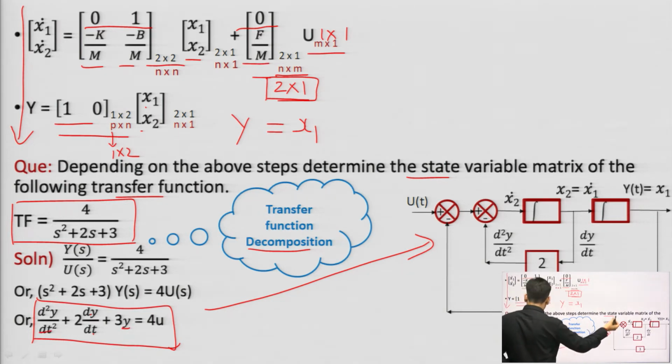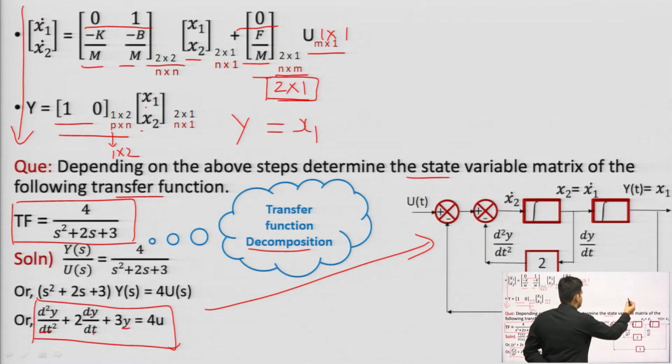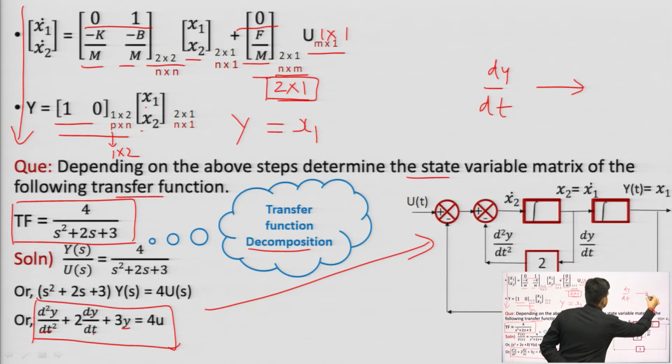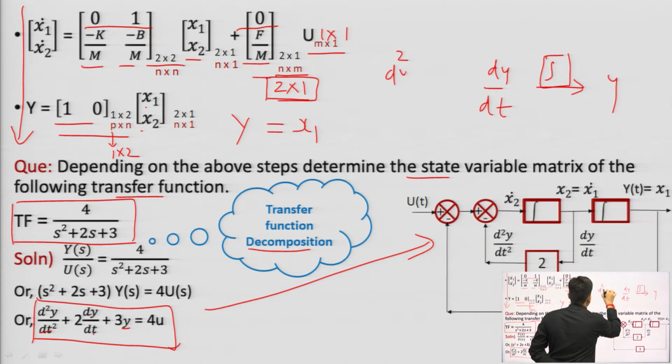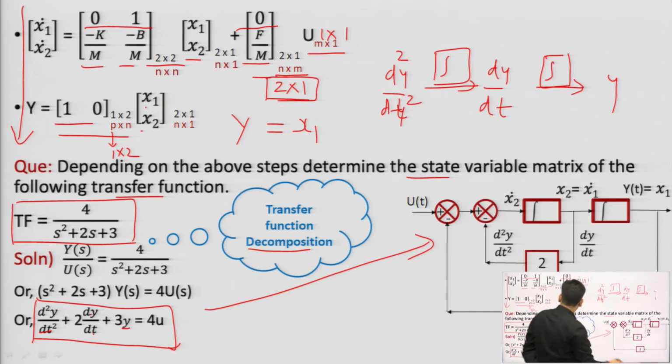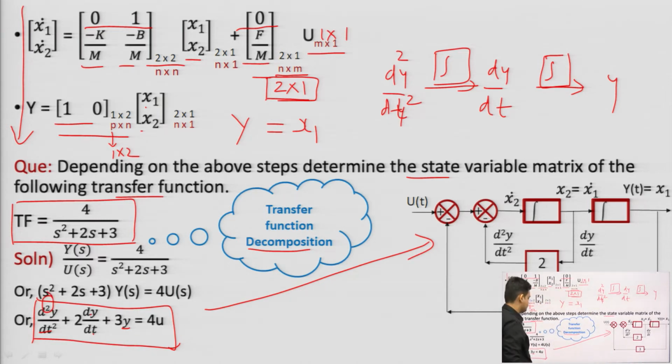If I want to represent it in terms of a state diagram, or SFG, whenever I have to obtain y from dy by dt, I need to do integration. In the same way, whenever I have to obtain dy by dt from d2 y by dt square, I need to use an integrator. It means the number of integrators in the system depends on the order of this equation.